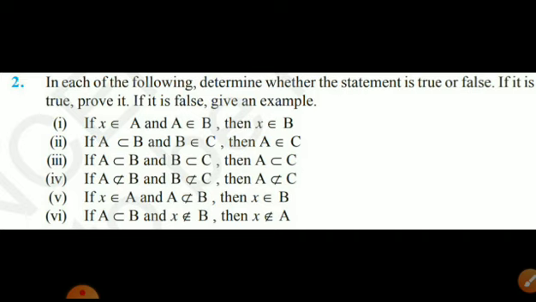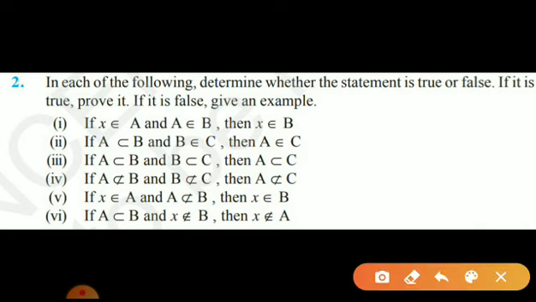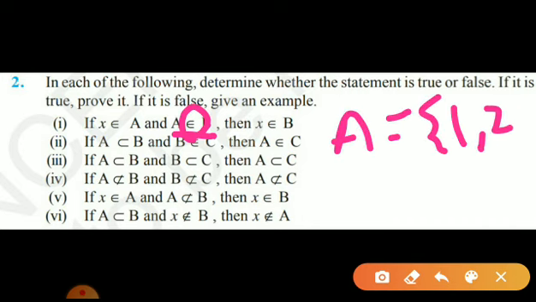So the first question is, if X belongs to A and A belongs to B, then X belongs to B. Yes, what do you think here? X belongs to A and A belongs to B. Now, suppose A is {1, 2}.